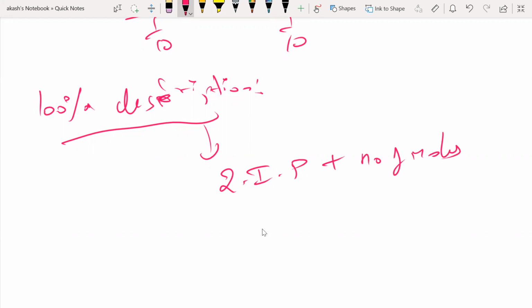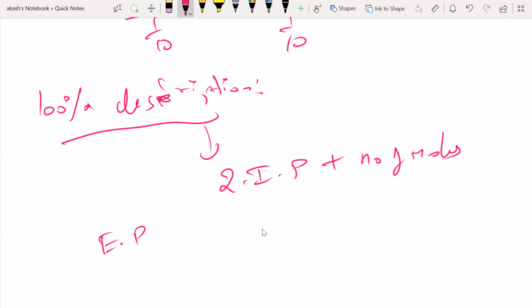But you can ask me, sir, if volume is given to us, how do we work with it? Volume is not an intensive property, it's an extensive property. Thermodynamics has an answer for that also. There is a way to convert an extensive property into an intensive property. How do we do that? That's very simple.